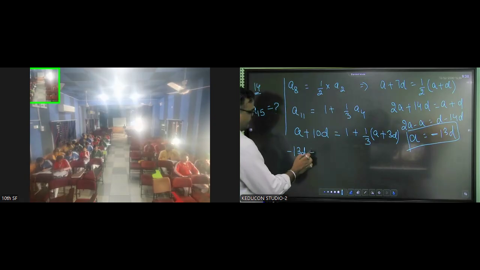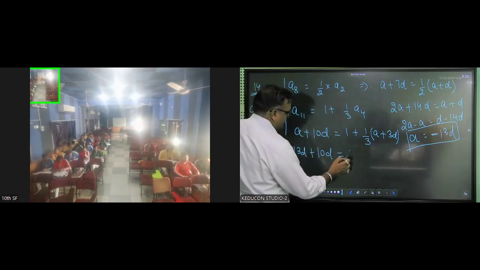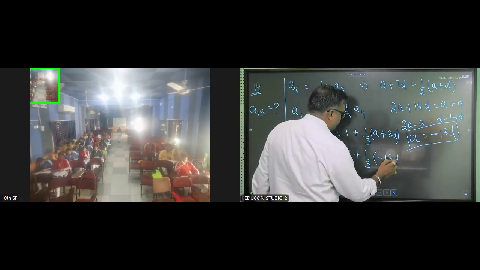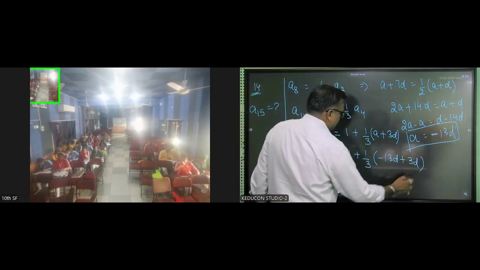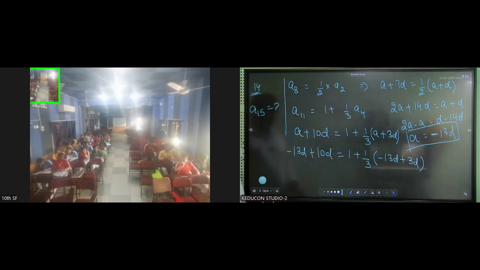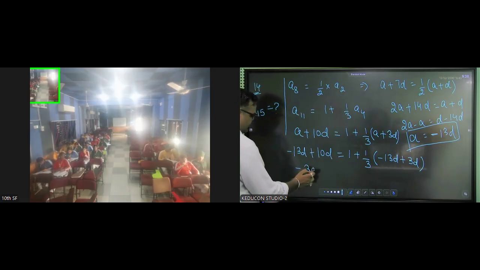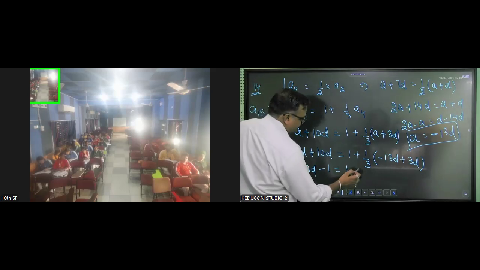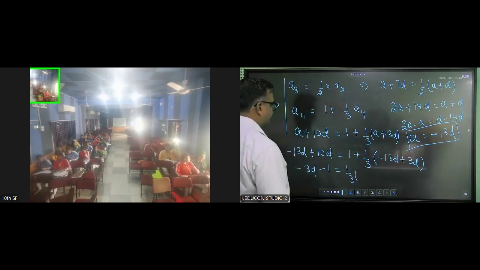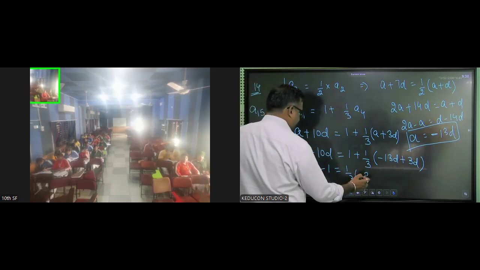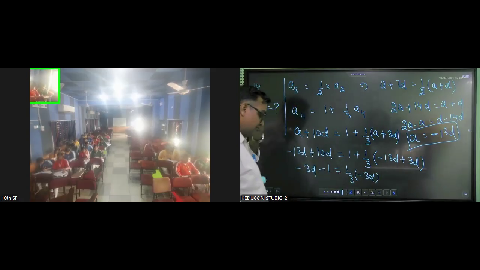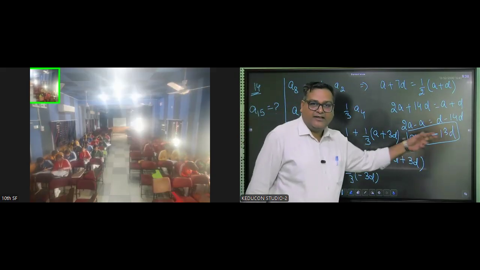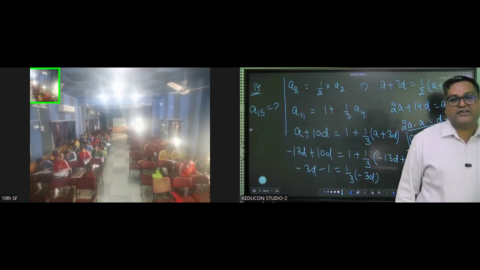Minus 13d plus 10d equal to 1 plus 1/3 of (minus 13d plus 3d). From here you will get the value of d, student. This becomes minus 3d minus 1 equal to 1/3 into this, again becoming minus 3d. Is this clear, children? Solve from here, you will get the value of d. You will put d here, you will get the value of a, and then you can find the 15th term.